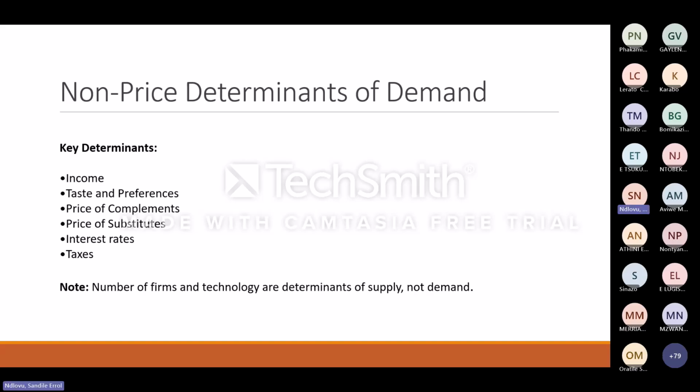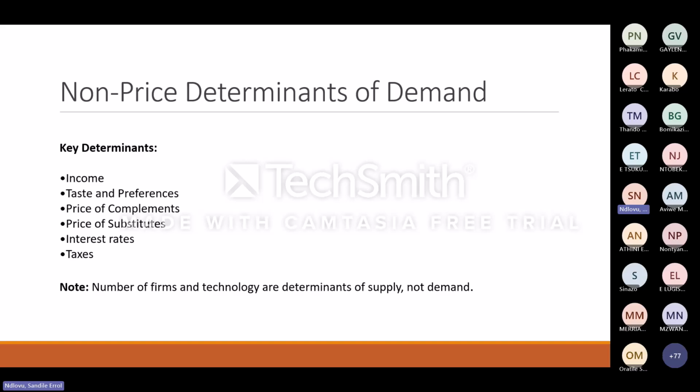And then the price of substitutes as well. A substitute good that I can think of would be sneakers, because I know that you guys are still in varsity and you like dressing and stuff. So you have Puma and Nike.